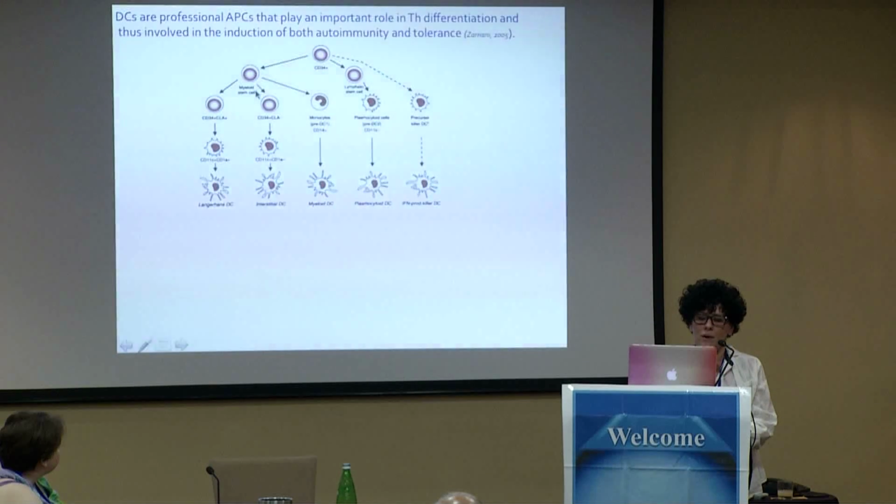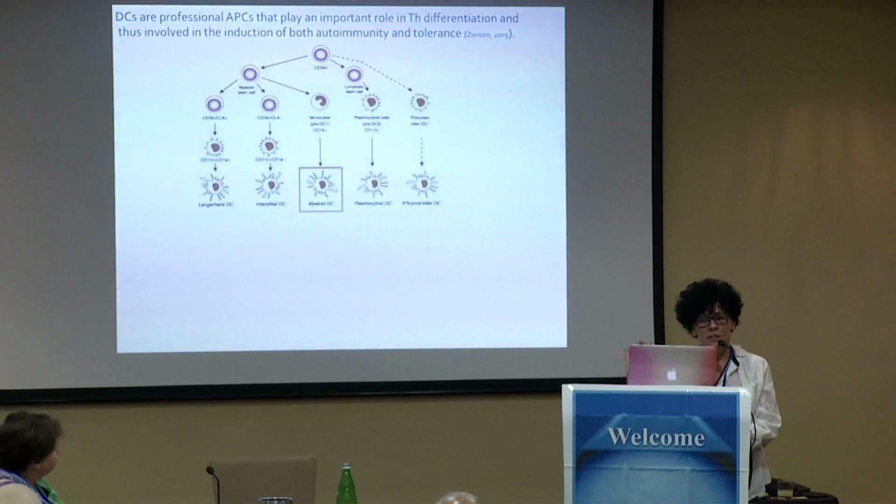The myeloid pathway, which results in three subsets, one of them being the myeloid dendritic cells, and the plasmacytoid dendritic cells, which are known as strong inducers of cytotoxic immunity, as they secrete high amounts of interferon type 1. And recently, another subset of dendritic cells was reported that directly kill target cells. In my talk, I will concentrate on the myeloid dendritic cells and their regulatory capability.